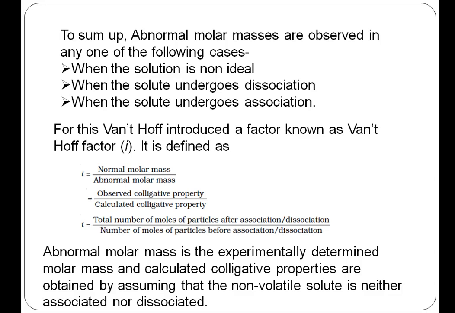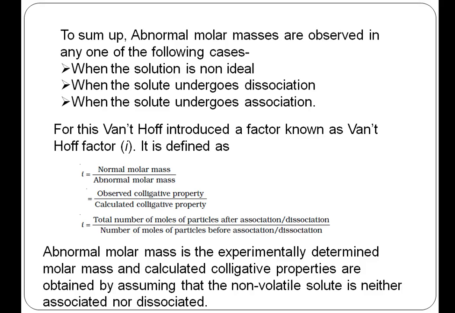So to correct the colligative properties, Van't Hoff introduced a factor known as the Van't Hoff factor. It is defined as normal molar mass, that is calculated by summing up the atomic masses, upon abnormal molar mass calculated by using any of the colligative properties.